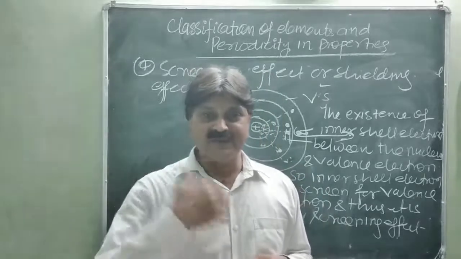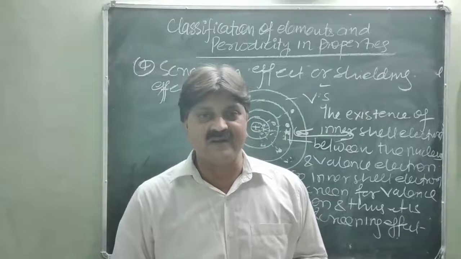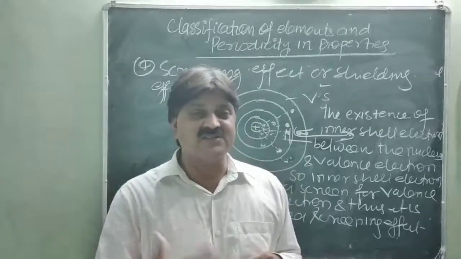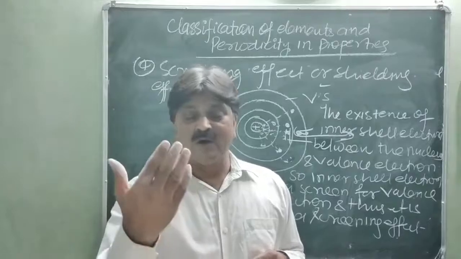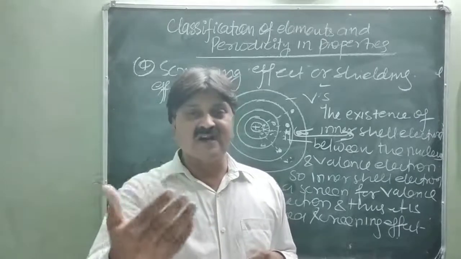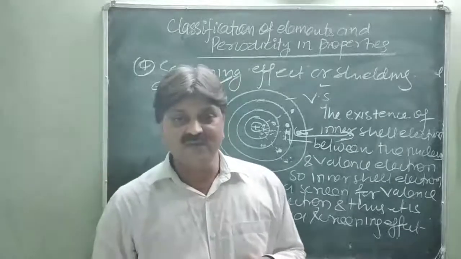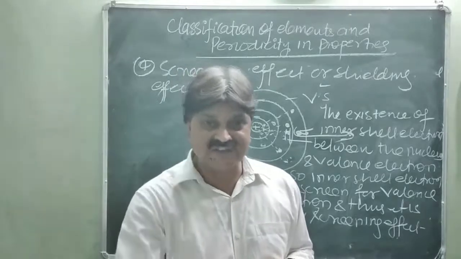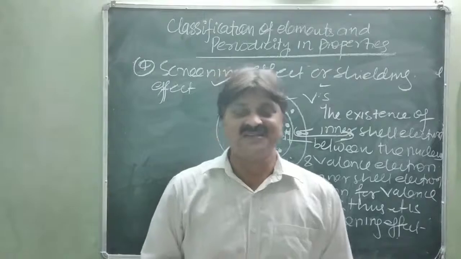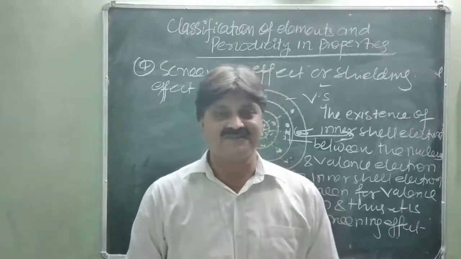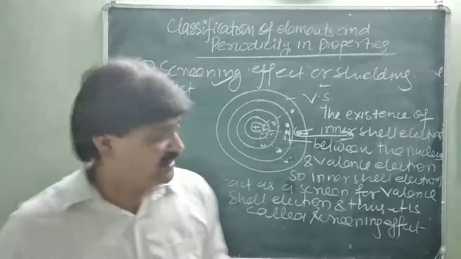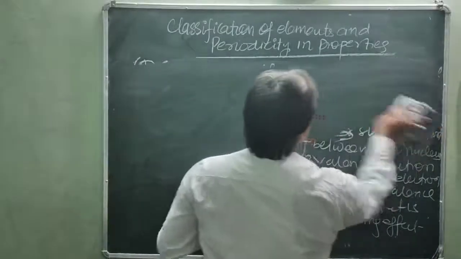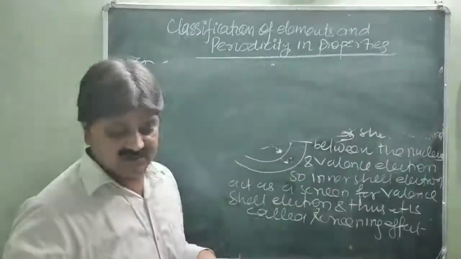Whenever anybody comes in between you and me, our interaction decreases for the student sitting in front of me. So the student in between you and me acts as a screen for you. Thus it is called the screening effect.